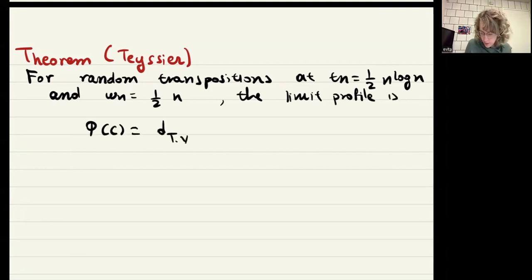The total variation distance is 1/2 the L1 norm again. I will use this notation for general measures. So it is the total variation distance between a Poisson 1 and a Poisson 1 plus e to the minus c.